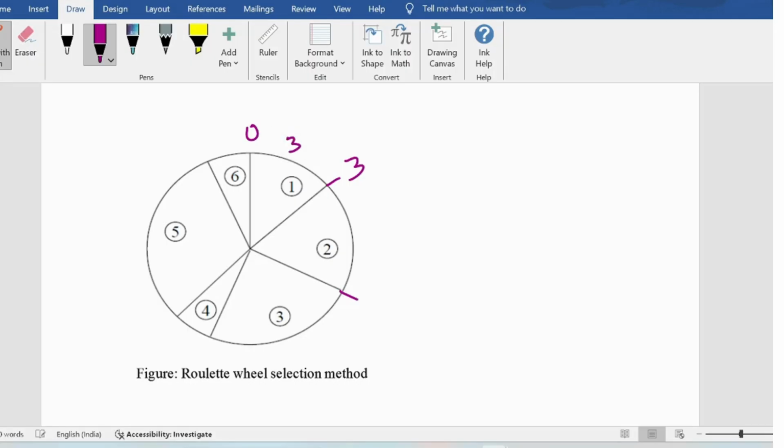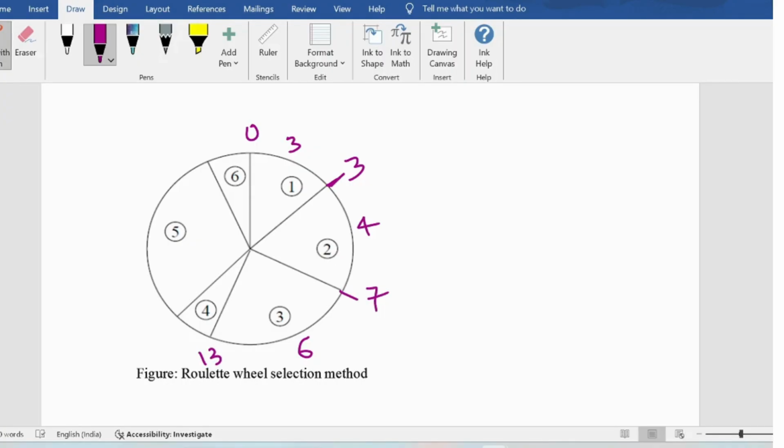So 0 plus 3 gives you 3. Next I got 4, so 3 plus 4 is 7. Then for individual 3 I got the fitness value as 6. As of now you don't have to bother how we got the fitness value or what the fitness function is. Just imagine we got these corresponding numbers. So 7 plus 6 gives 13.